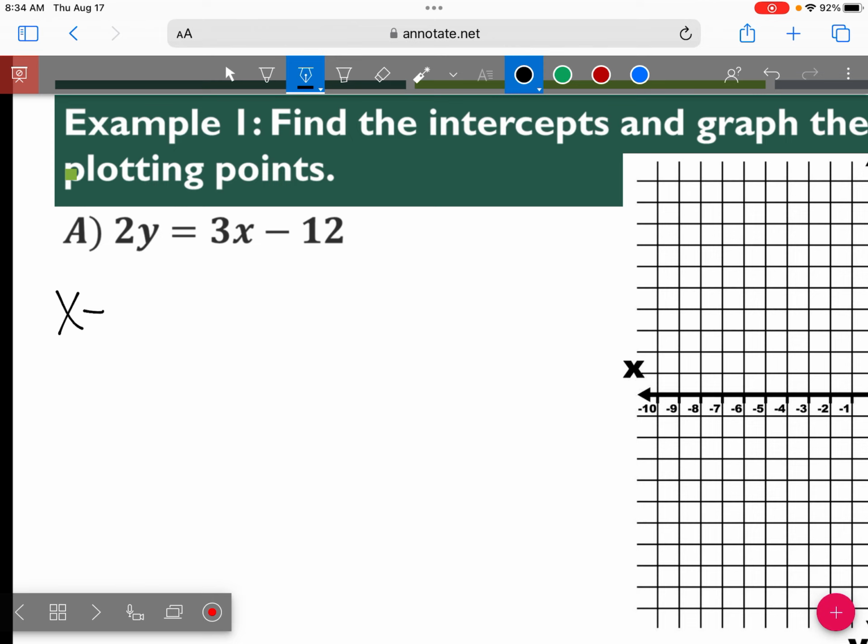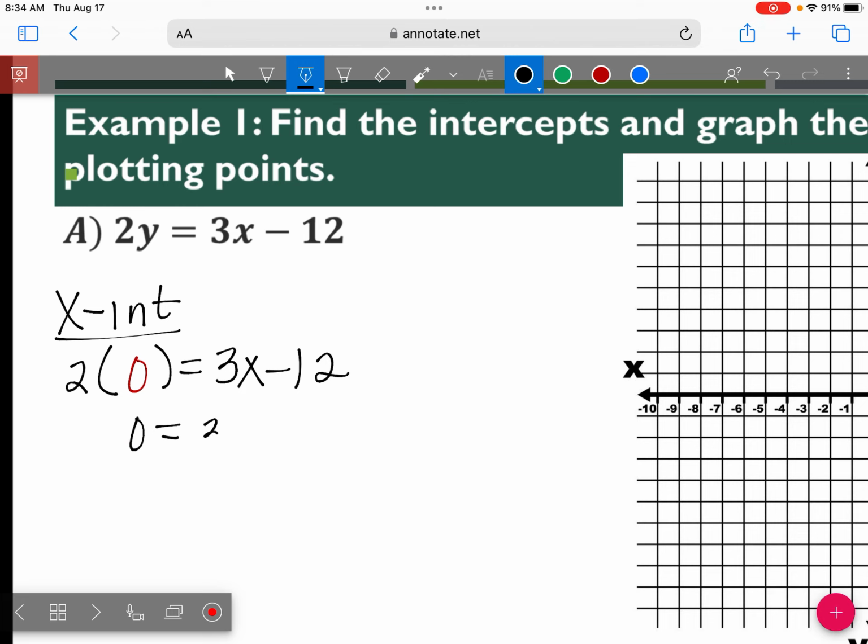So when I'm looking for my x-intercept, the y becomes 0. So that would be 2 times 0 equals 3x minus 12. Go ahead and solve that equation for x. So 0 equals 3x minus 12.